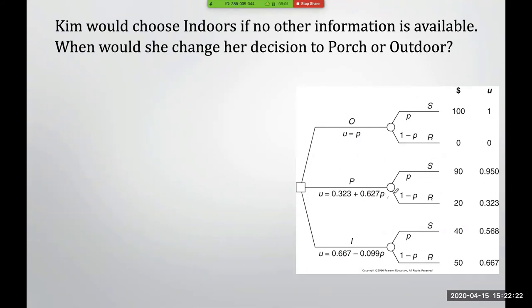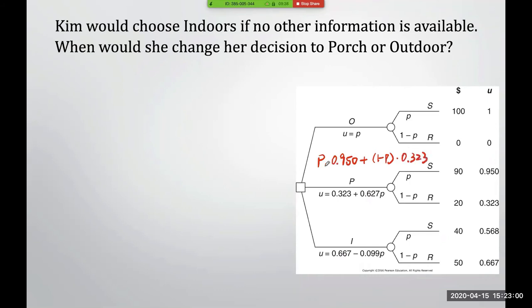And next, the U value of a porch party is essentially equal to P times 0.950 plus 1 minus P times 0.323.